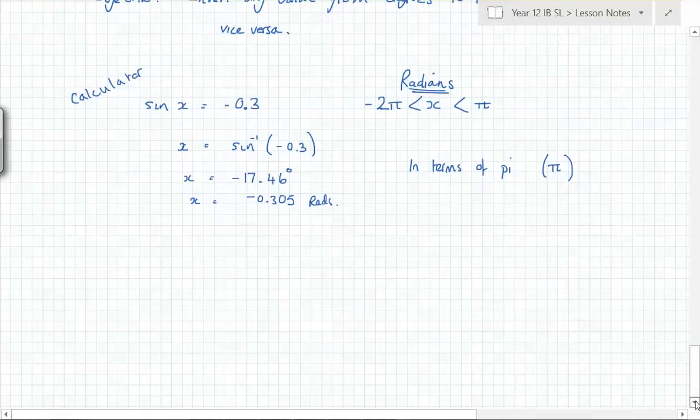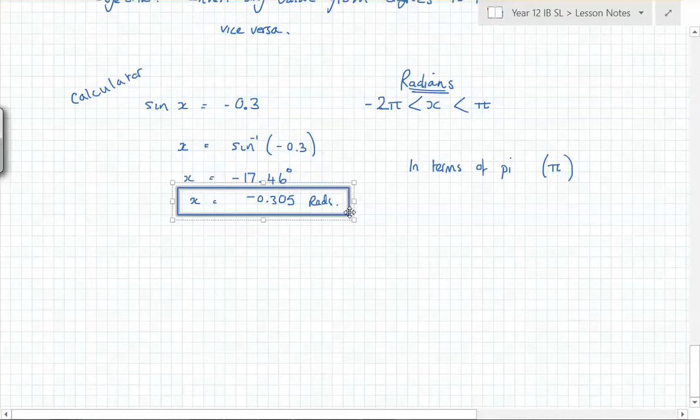What would the other solutions be? Are there any other solutions? How would I know? We've got that as our only solution at the moment. But I've got a domain of minus 2 pi to pi.